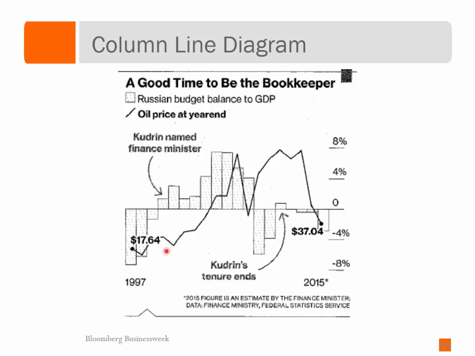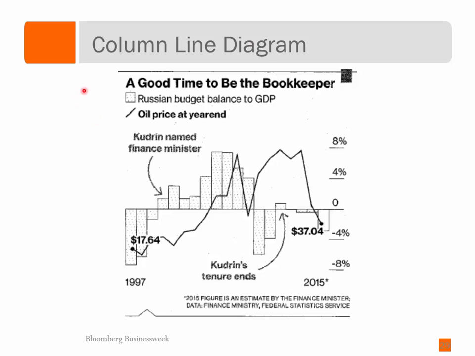And then what we've overlaid here is that price per barrel of oil in the line or trend diagram. So we've overlaid that on top of the budget balance, positive or negative. Basically, if we have negative, the budget was not balanced, there was a shortfall, and if it's positive, there is a budget surplus.